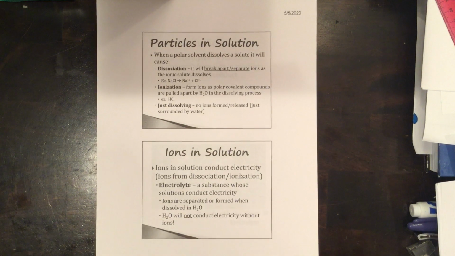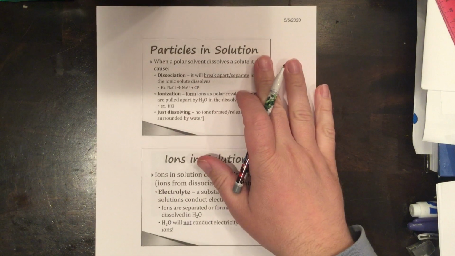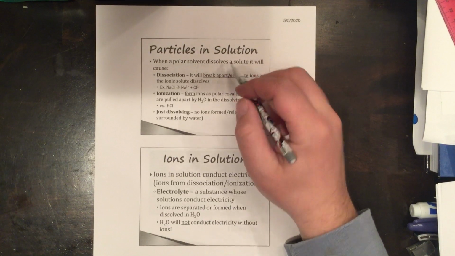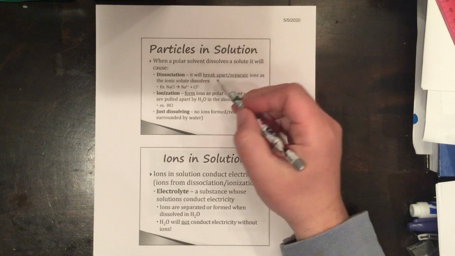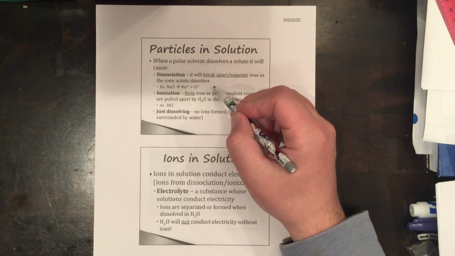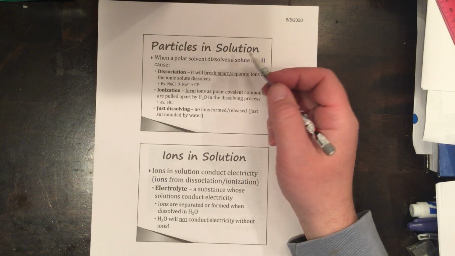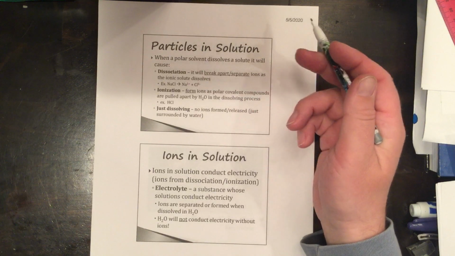Oh, here we go. When a polar substance dissolves something, it will cause dissociation, okay? So one of the things that we use water for and we use dissolving for a lot is, like, if you ever do a chemical reaction, you'll notice a lot of the times we use things that are already in solutions. So they'd be stuff that's already dissolved in water.